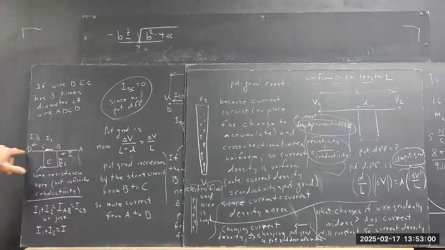You can think of an original piece of nichrome and a piece of nichrome with 3 times the diameter. I think we've got some of that in here. I just can't seem to lay my hands on it.